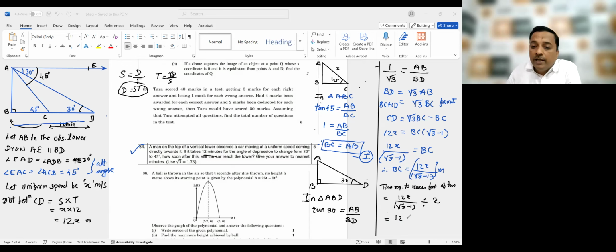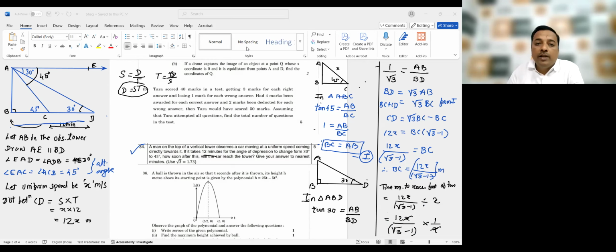Take the reciprocal: 12x upon root 3 minus 1 into 1 by x. Now this x cancels.